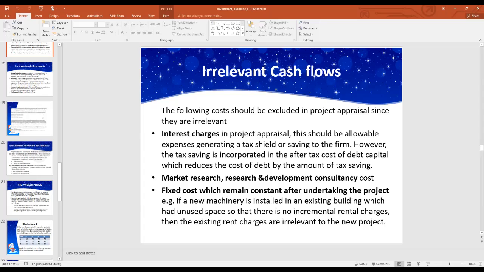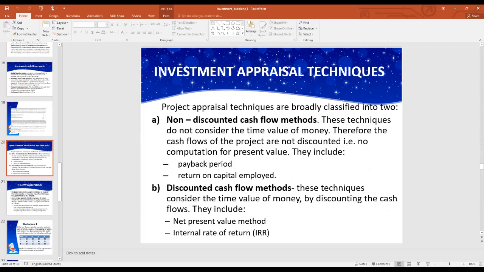So as we had mentioned, there are 5 methods we can use to appraise a project. We say that you can use the discounted and the non-discounted cash flow techniques. In the case of the non-discounted cash flow techniques, you can use 2 methods: the payback period method, and the accounting rate of return, also referred to as the return on capital employed.